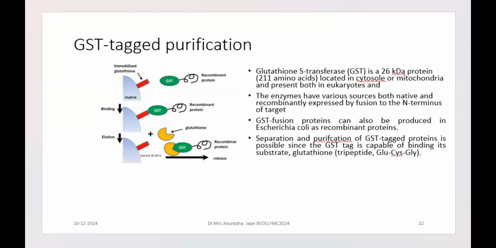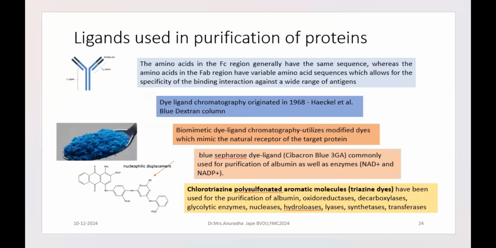So this was the second example of a ligand and tag combination which is used in affinity chromatography. Here are different examples that I am talking about, the ligands which are used in purification of proteins. This is the antibody structure, as you see. The amino acids contained in the Fc region of the antibody, variable region and constant region, right?